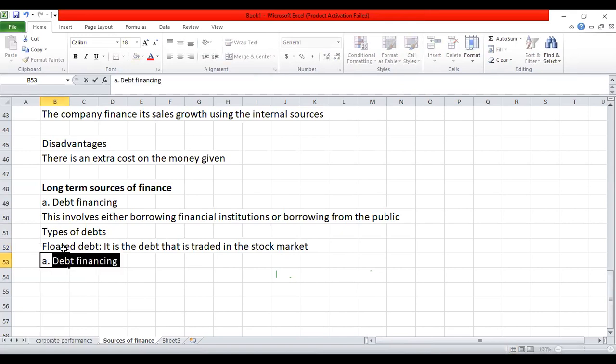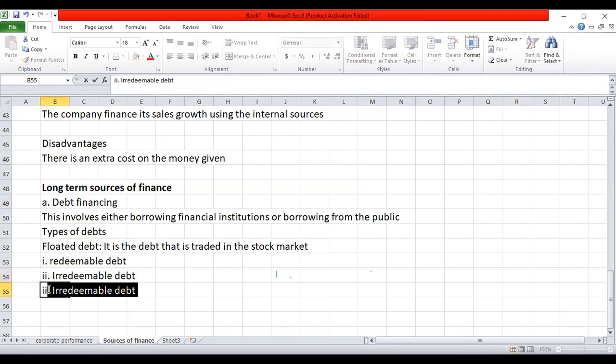Here we talked about the redeemable debt. Hope you remember. Redeemable debt. We talked of the irredeemable debt. Irredeemable debt.